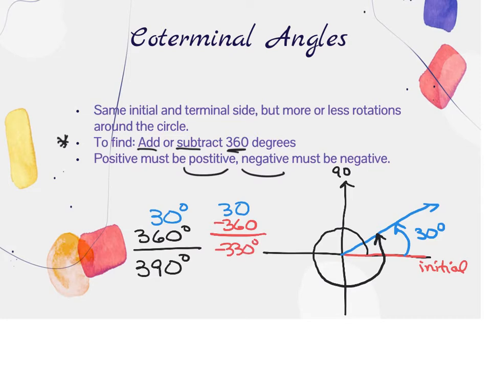So we would start on the same initial side, but we go clockwise, negative 90, negative 180, negative 270, and then 60 degrees more. So we end up on that same blue line. We're starting on this same initial and ending on the same terminal. And these are called coterminal angles.